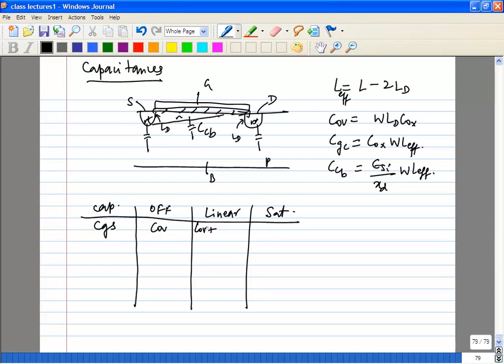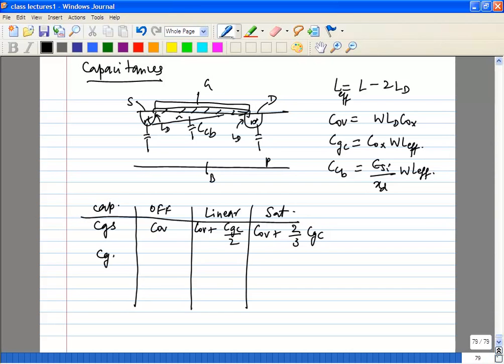You split that halfway between the drain and the source because there's an equal channel on both sides, so CGC over 2. In saturation, once you have pinch off, you can show that it is C overlap plus 2/3 W L effective times Cox, or using the abbreviation, 2/3 CGC.